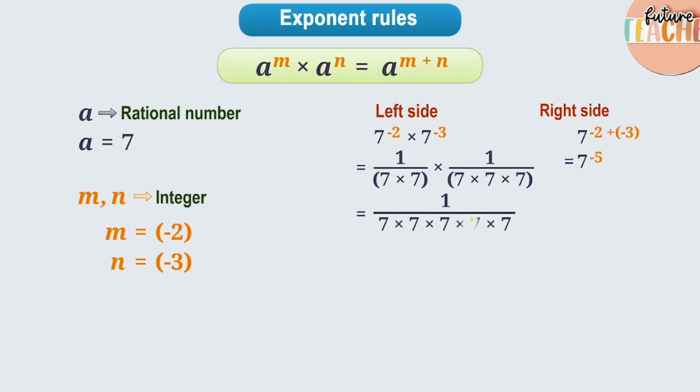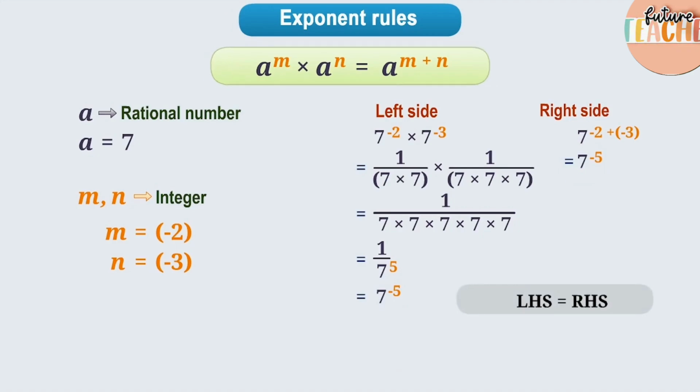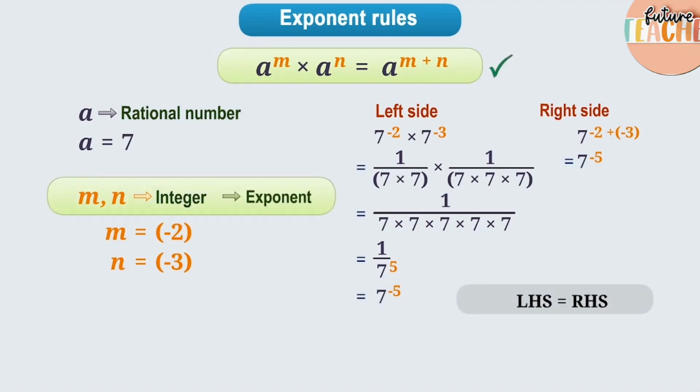Since 7 is multiplied by itself 5 times in the denominator, we can write 7 to the power 5 in place of the denominator, so that we get 1 upon 7 to the power 5, which can be written as 7 to the power minus 5. Now as you can see, the values of both sides are equal. That is, this rule is also true for integer exponents.